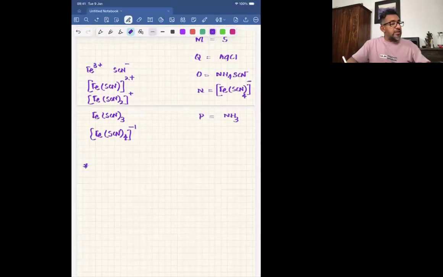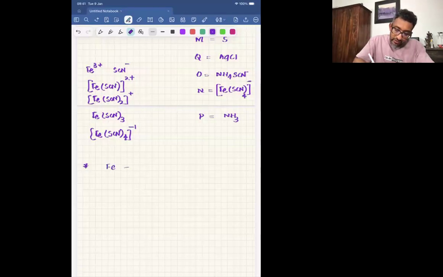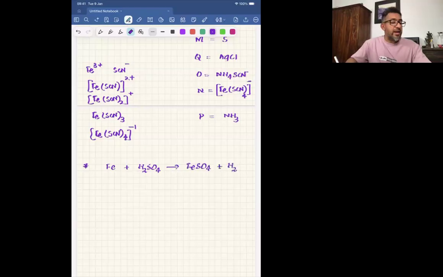So the first reaction is a metal with dilute sulfuric acid, which gives you a pale green color. Fe with sulfuric acid gives you ferrous sulfate and hydrogen gas. That's that reaction.